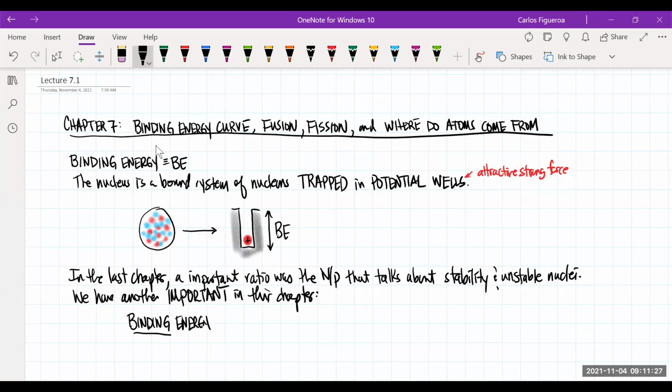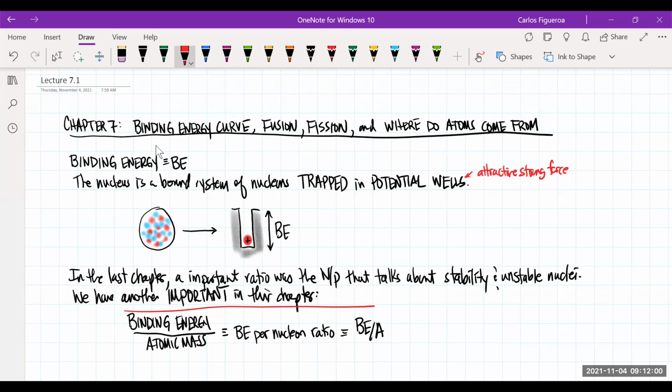The way it's written is the binding energy over the atomic mass. But what this really means here is that this is the binding energy per nucleon. This is the binding energy per nucleon ratio. And we'll write this for easiness as BE over A. But it's really how much binding energy is there per nucleon.